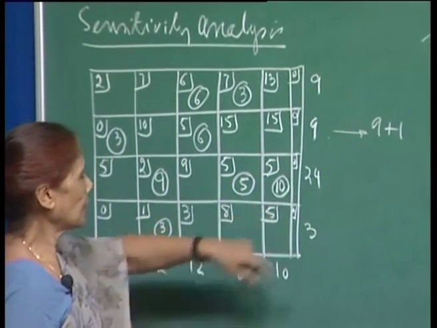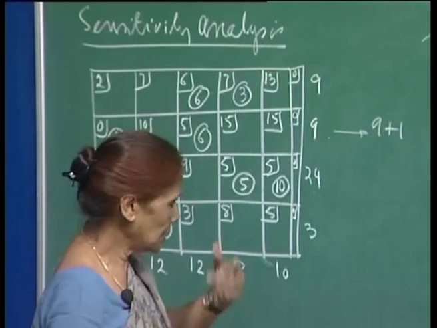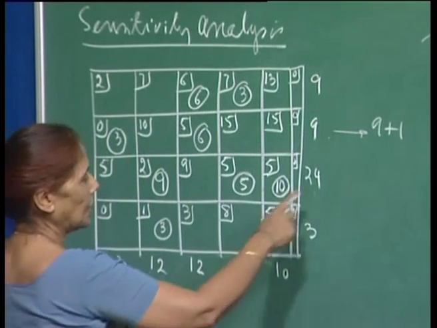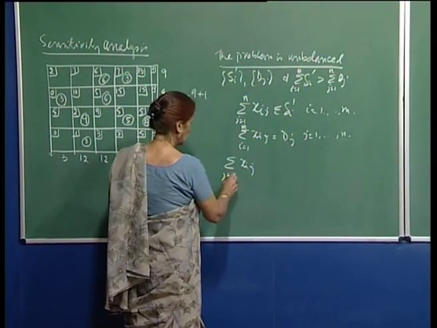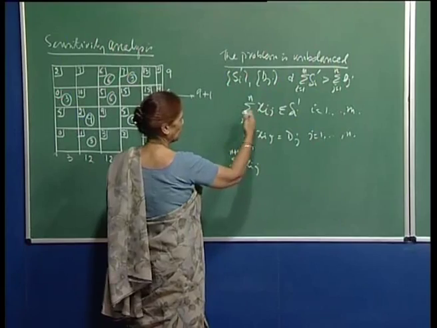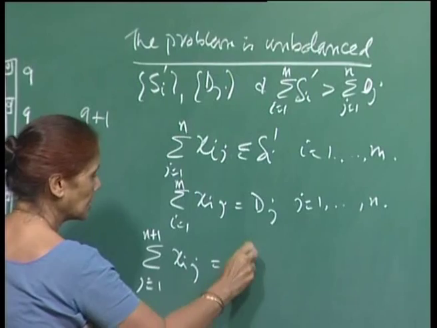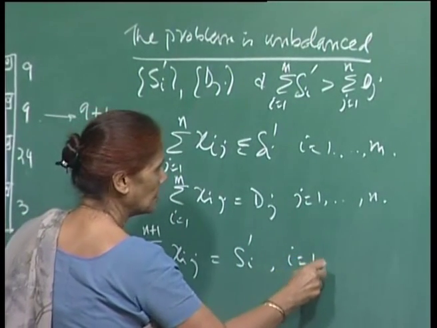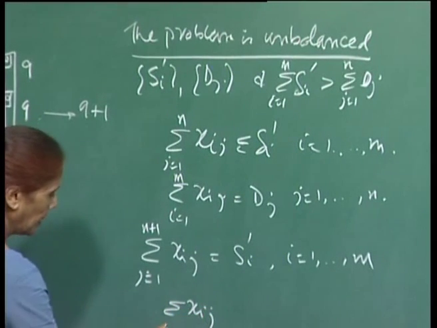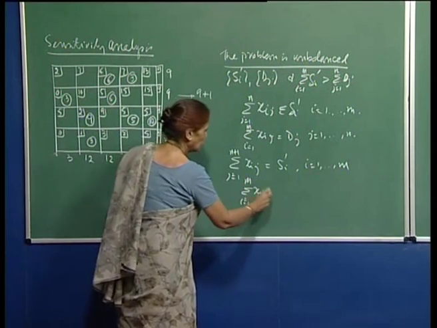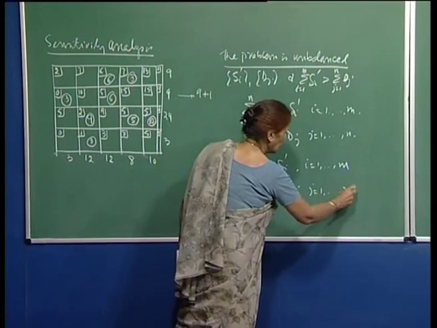So now your constraints become the summation of x_ij, j varying from 1 to n plus 1, equal to S_i prime, i varying from 1 to m, and the summation of x_ij, i varying from 1 to m, is equal to d_j, where j varies from 1 to n plus 1.